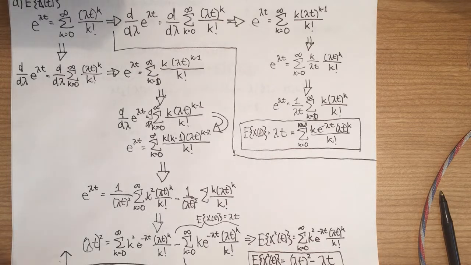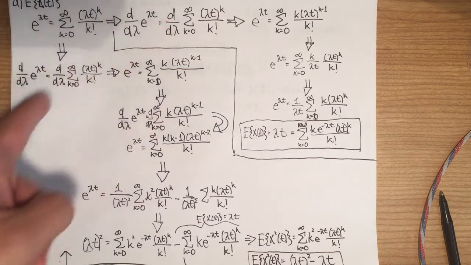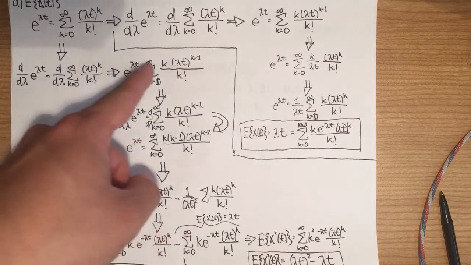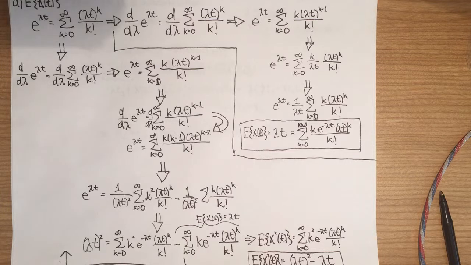So we're going to start from the same point over here. Here's our Poisson. We take the derivative again as we do here, except over here we take the derivative one more time to result in e to the lambda t equaling the sum from k equals 0 to infinity of k times the quantity k minus 1 times lambda t to the k minus 2 over k factorial.